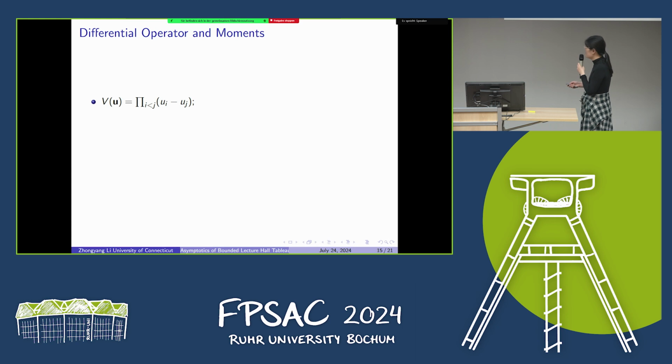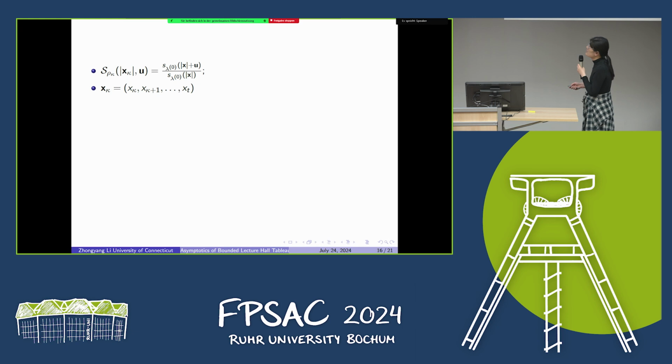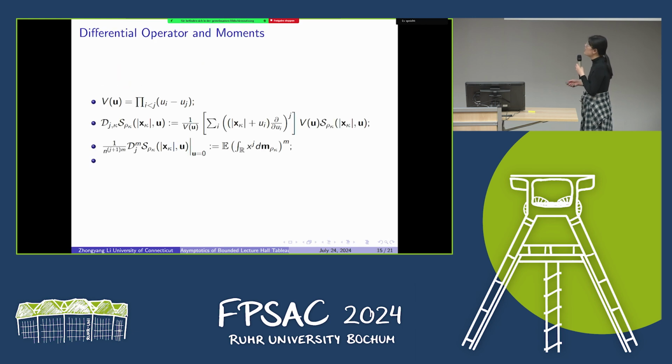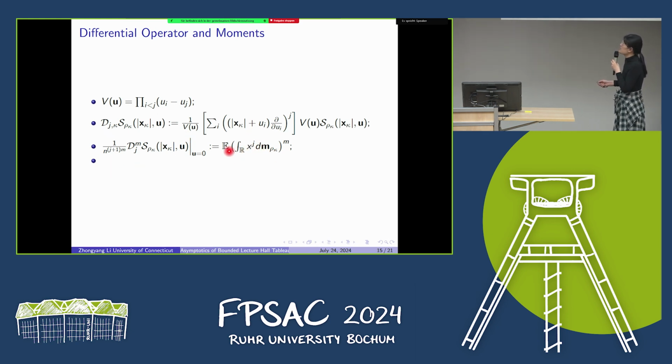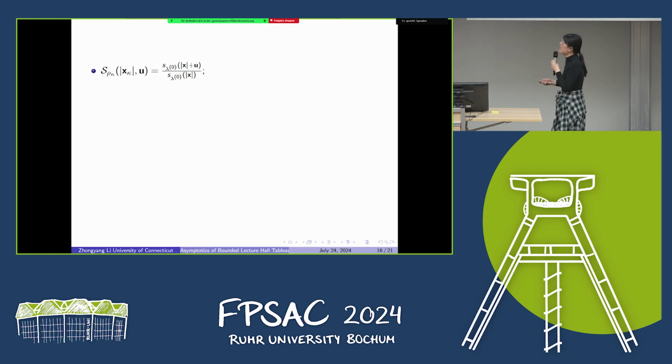Okay, so then we use a differential operator acting on this Schur generating function. If we use a differential operator acting on this Schur generating function, this gives us exactly the expectation of the jth moment of this counting measure to the power m. And then we use the Schur branching formula.